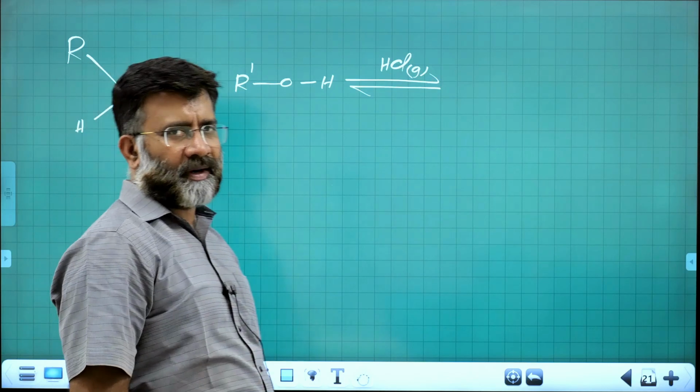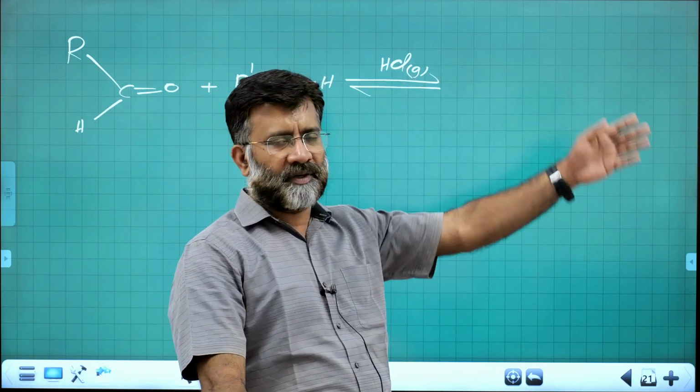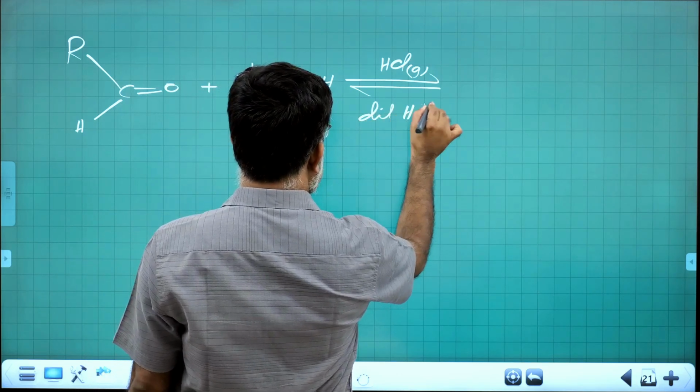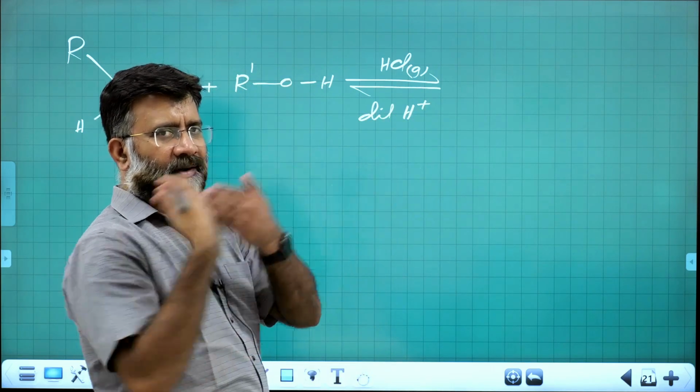In presence of dry HCl gas, the reaction will be shifted in the forward direction, while with dilute HCl, the reaction will be driven backward.